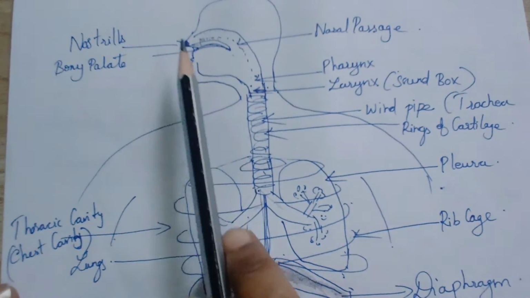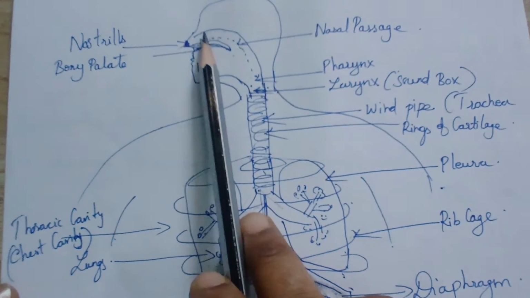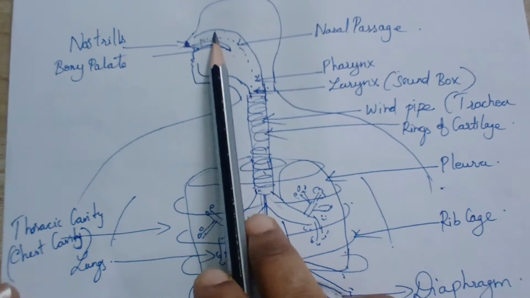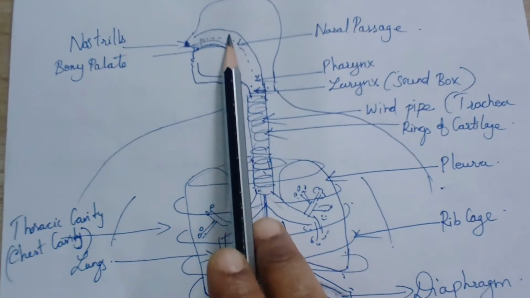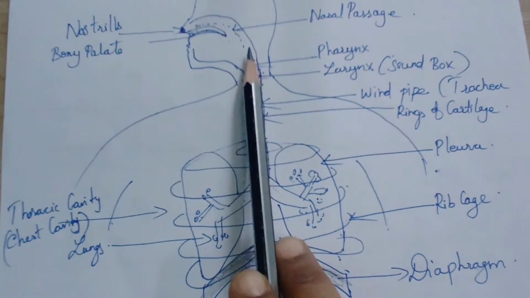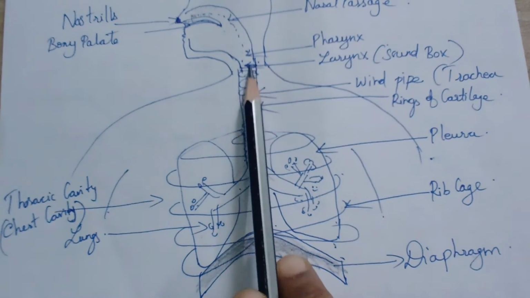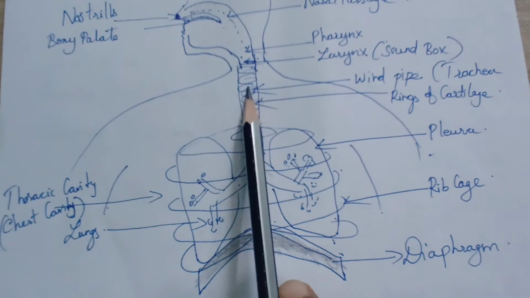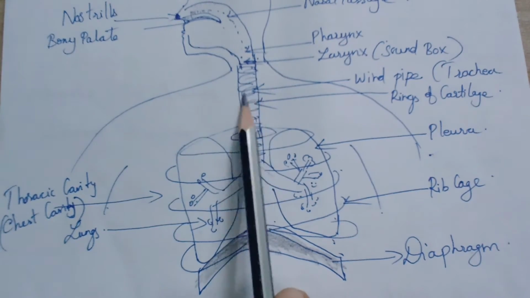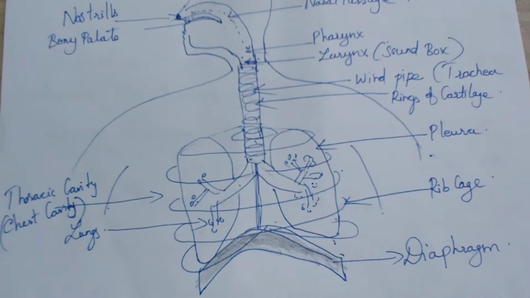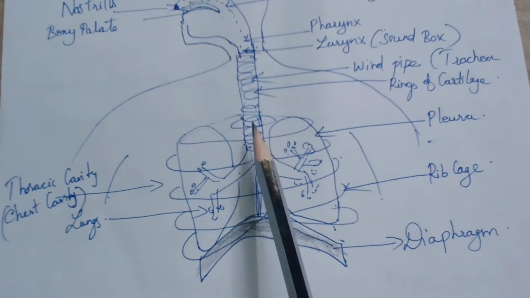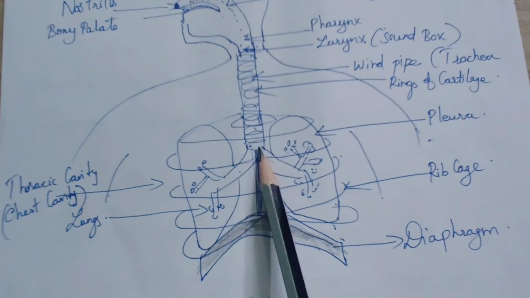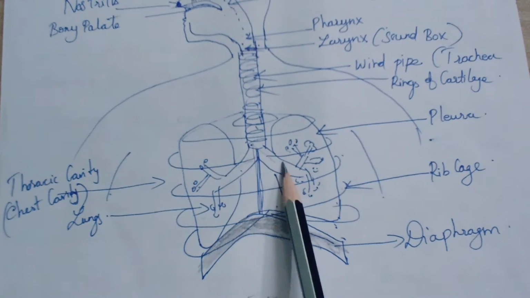Air enters through the nostrils present here, and with the help of this mucus and the fine hair present here, it is getting filtered and enters the nasal passage, and it enters the pharynx and then the larynx and the windpipe, that is your trachea. This trachea is protected by the rings of cartilage so that even if the air is not passing through it, it will not collapse, it will be in a stable position. Okay, and then this windpipe is further divided into small branches and enters the two lungs.